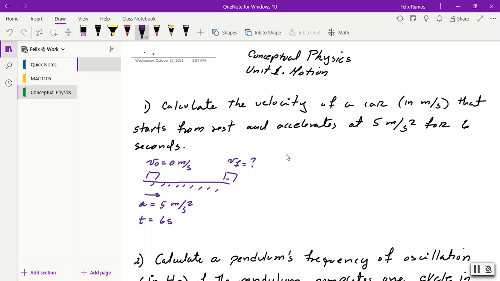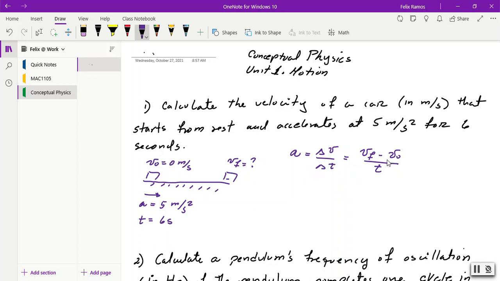We know that the acceleration is equal to the variation in velocity divided by the variation of time. So this would be basically the final velocity minus the initial velocity over the time that it took the car to go from one point to the other.